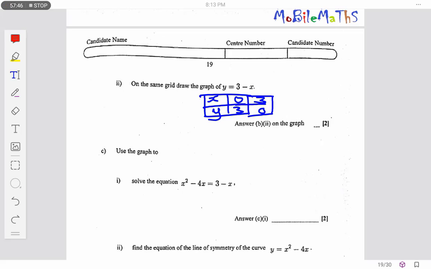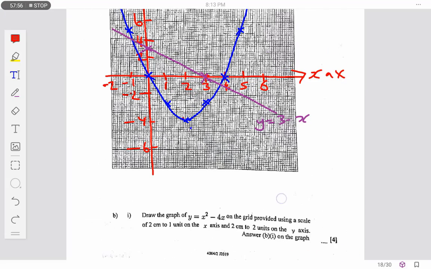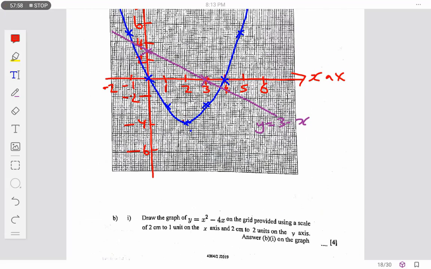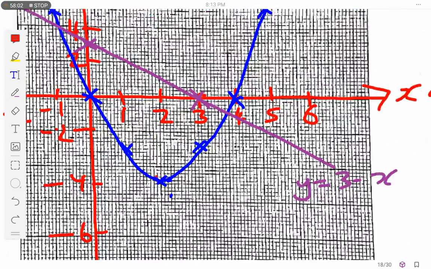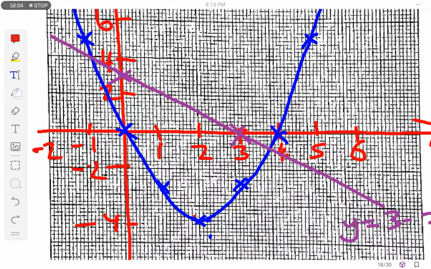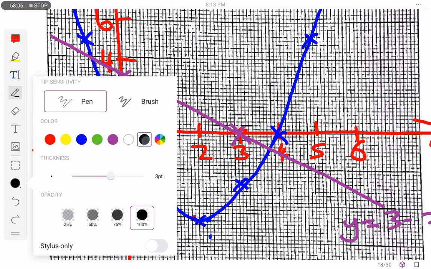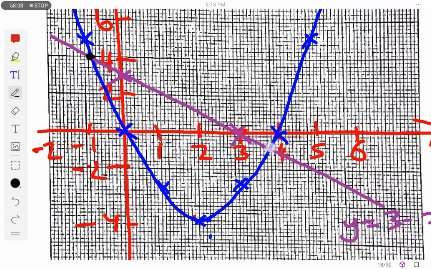Use the graph to solve the equation. Basically, when we have something like this, this is our y, which was our first. This is another y, which is our second. So basically, where they meet, that's where we find the values. Let me just expand it a little bit. Where they are meeting is this point here and also this point.